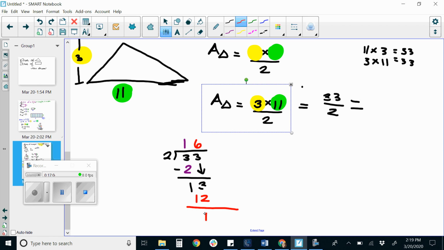We need to add a decimal, so that we have a 0 to bring down. 2 goes into 10 5 times, 5 times 2 is 10. Subtract. And we get 165, but we have to bring up our decimal, so the answer is 16.5 or 16 and a half.